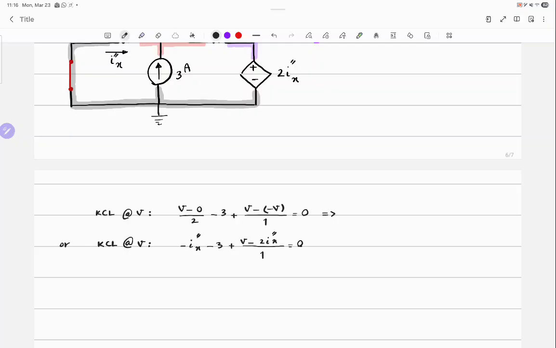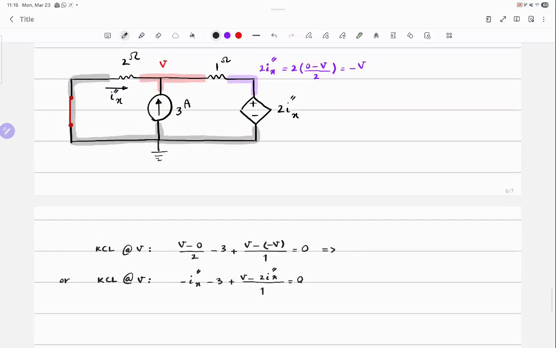Why am I getting 1.2? Am I correct? I don't have the values here. 6 over 5, which is 1.2. 1.2, right?